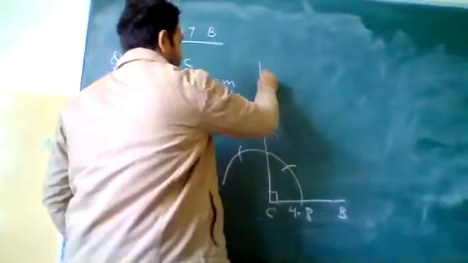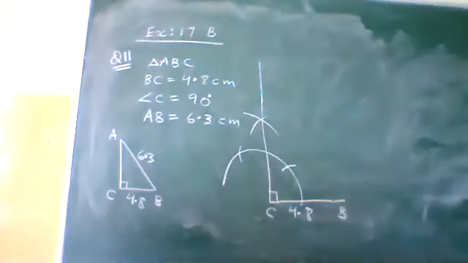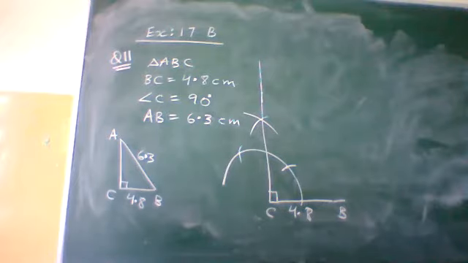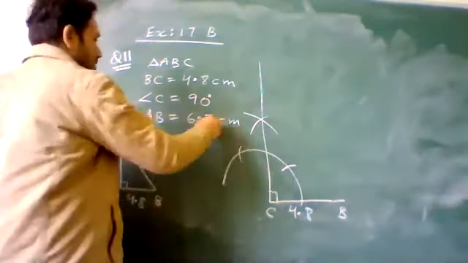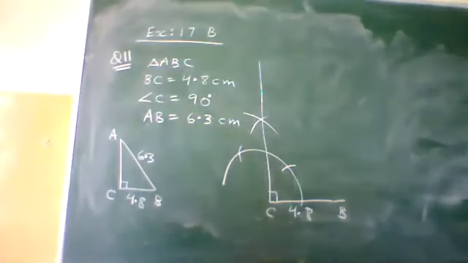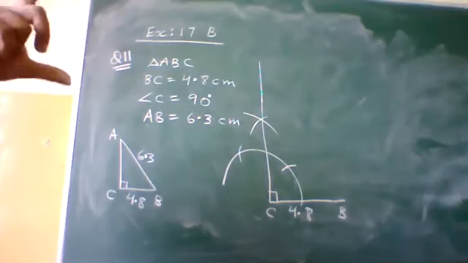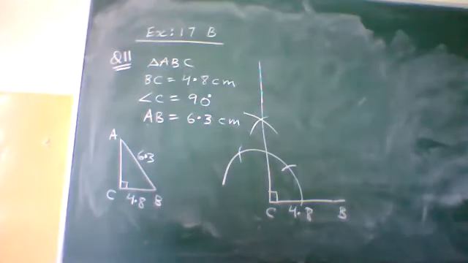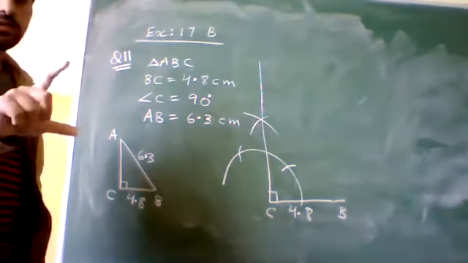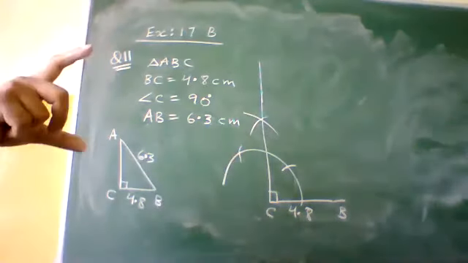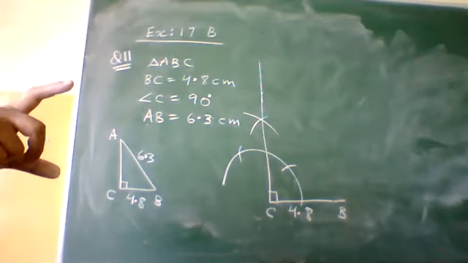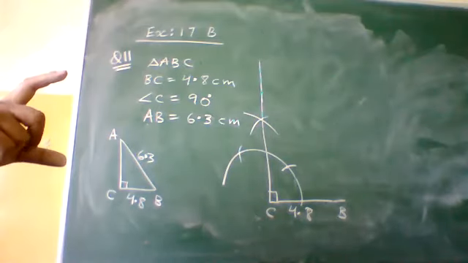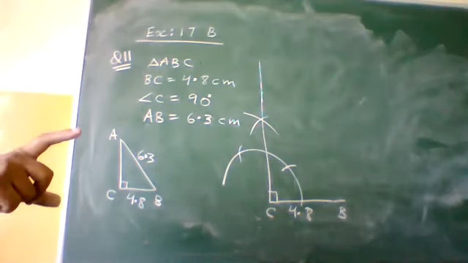Now, what is the length of AB? AB is 6.3 centimeters. You have to construct AB of 6.3. So in your compass, you will take 6.3, measuring it with the help of a scale.